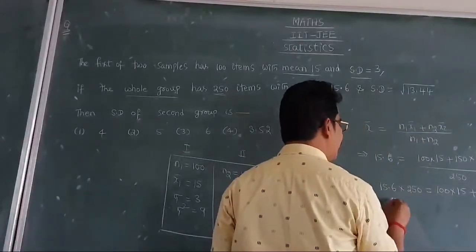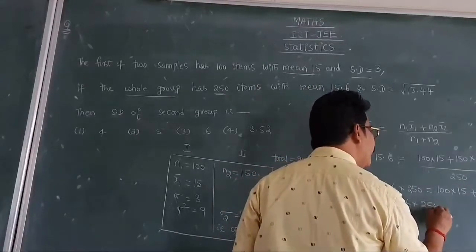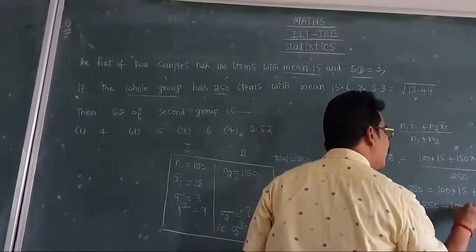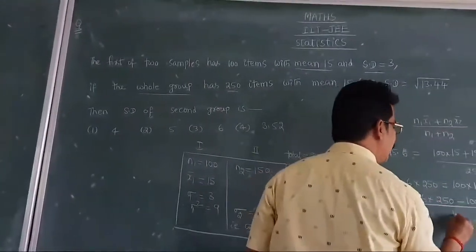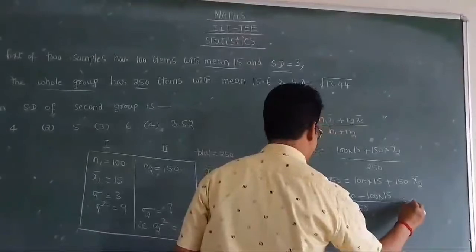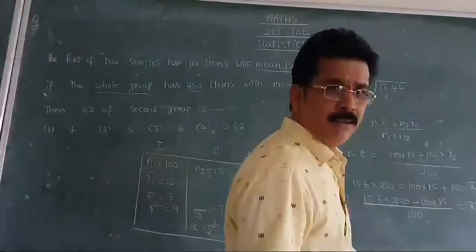So 15.6 into 250 minus 100 into 15, whole divided by 150, is equal to x2 bar. Understand?